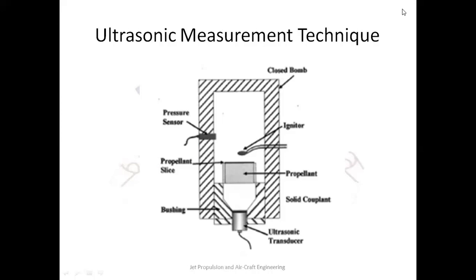An ultrasonic transducer is attached to the coupling material, which emits a mechanical wave that travels through the tested material and is reflected at the burning surface and returns back to the transducer. Burning rate can be measured from the time required for the mechanical wave to travel through the propellant sample.